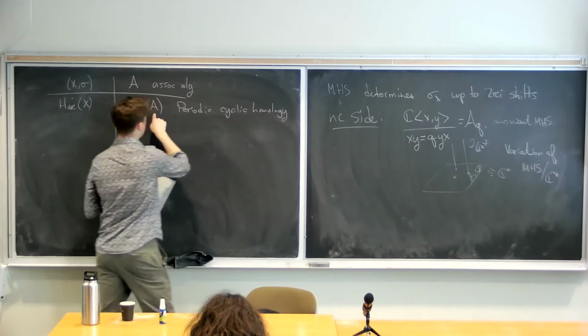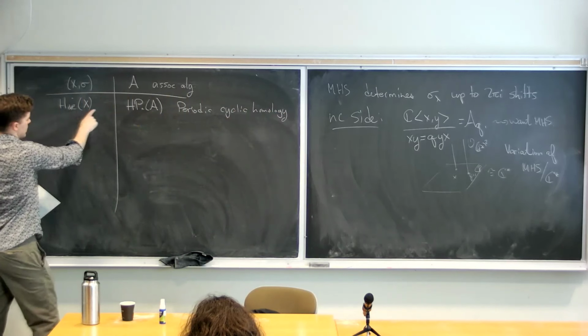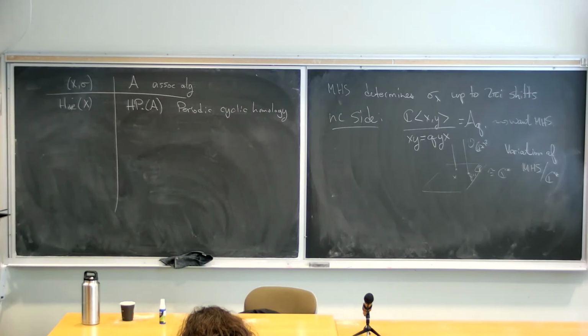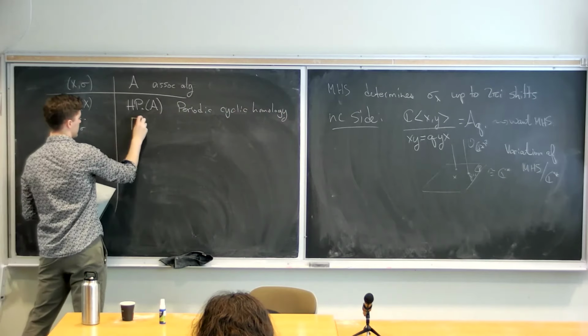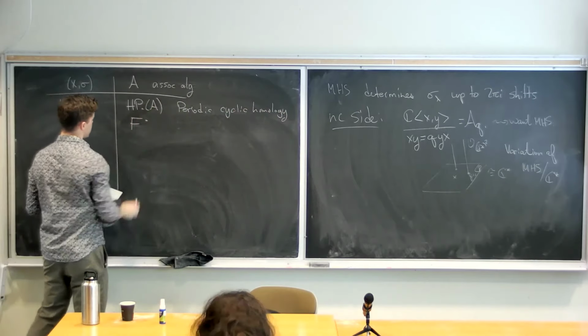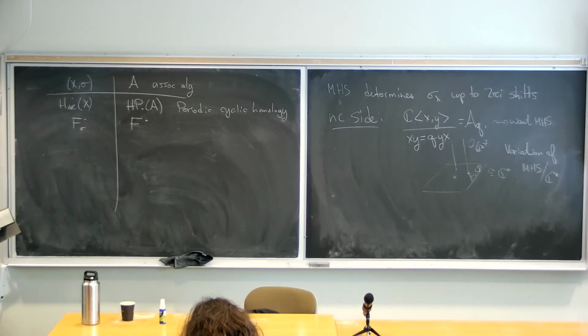In particular, if this is functions on X, then this is de Rham cohomology. This is just a non-commutative generalization of the de Rham cohomology. It's not evident from what I said, but there is a totally obvious Hodge filtration on here.